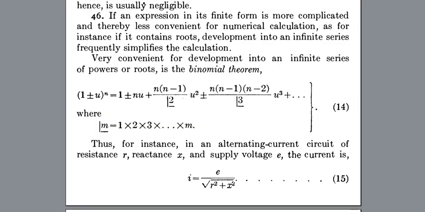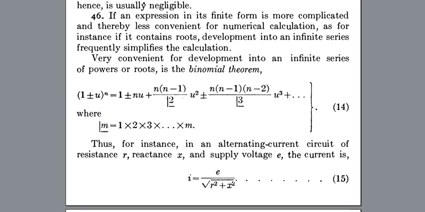The quantity 1 plus or minus u raised to the power n equals 1 plus or minus n times u, plus the fraction n times the quantity n minus 1 divided by 2 multiplied by u squared, plus or minus the fraction n times the quantity n minus 1 times the quantity n minus 2 divided by 3, multiplied by u cubed, and so on, where m equals 1 times 2 times 3, and so on up to m.